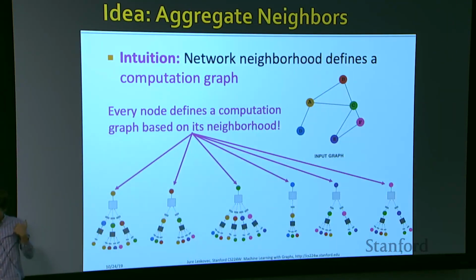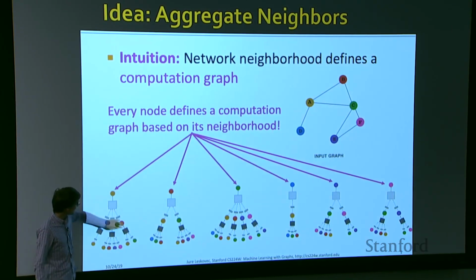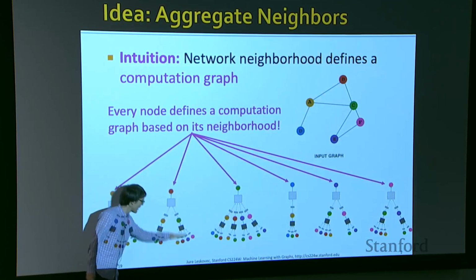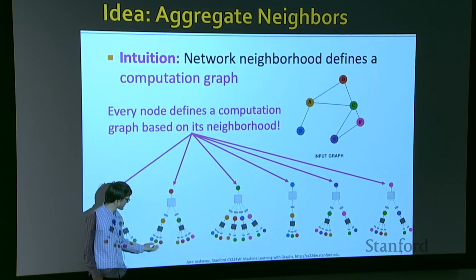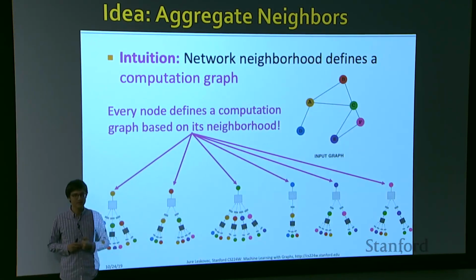And there is beautiful theory that tells you how to design these aggregation operators so that this neural network, when you pass information through, remembers both the properties of the nodes, their features, but also the structure of the network itself.